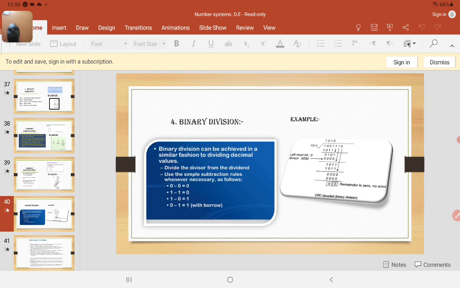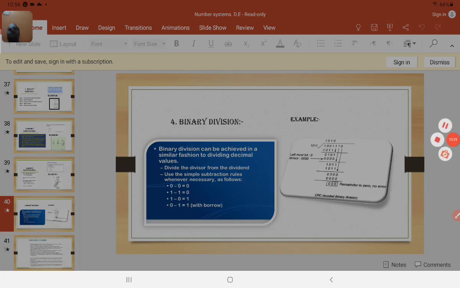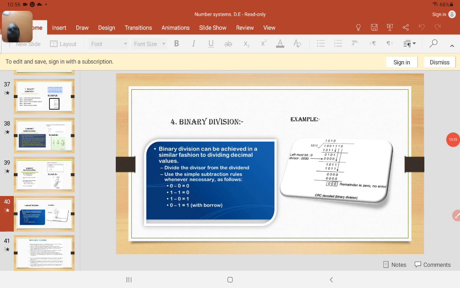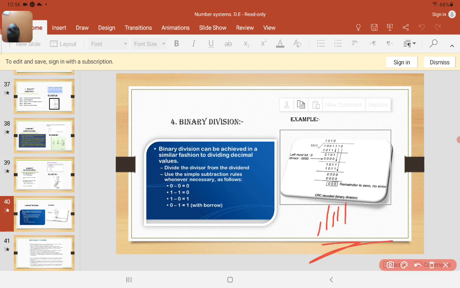Divide the divisor from the dividend, using the same subtraction rules as before.